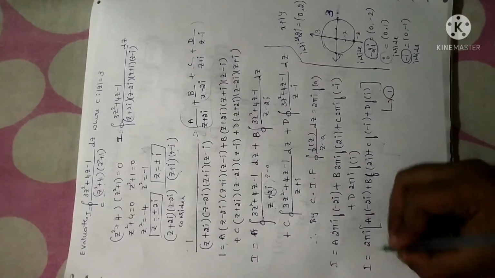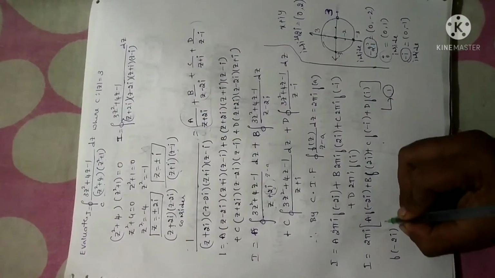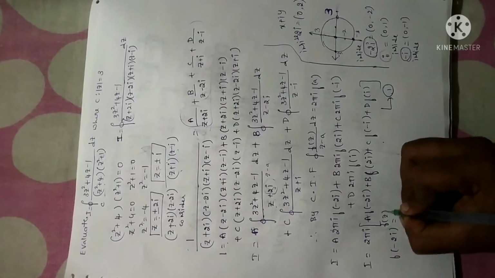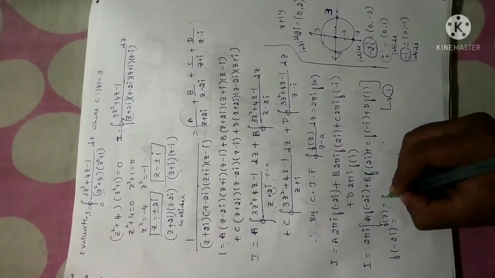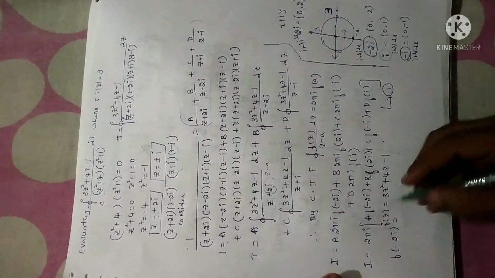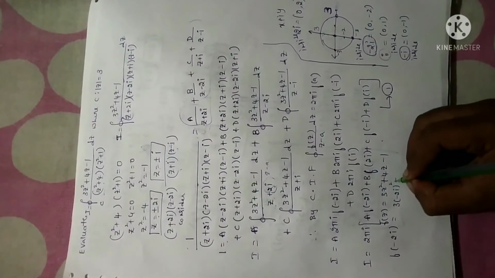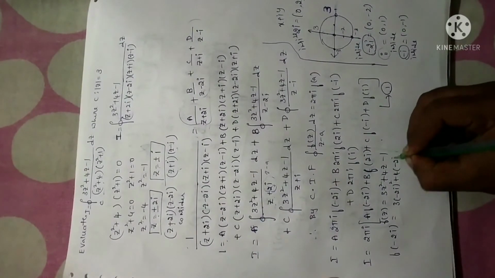F of minus 2i I need. Before that, let me write f of z here only. So f of z, compared with the standard form, is 3z square plus 4z minus 1. Now replace z with minus 2i. So you will get 3 into minus 2i square plus 4 into minus 2i minus 1.